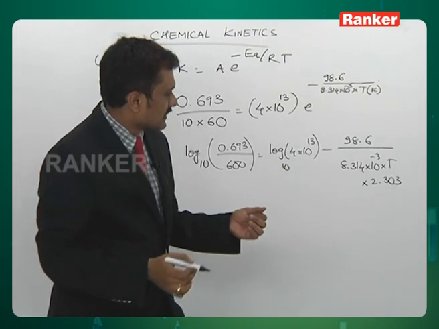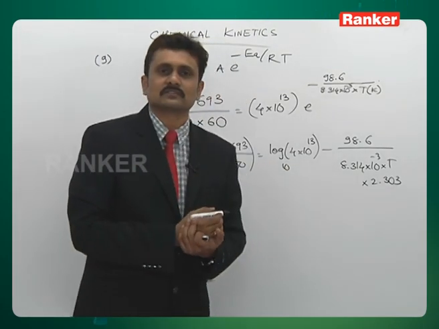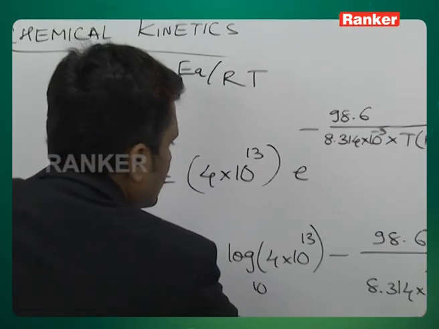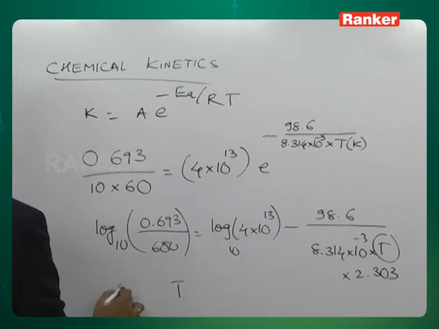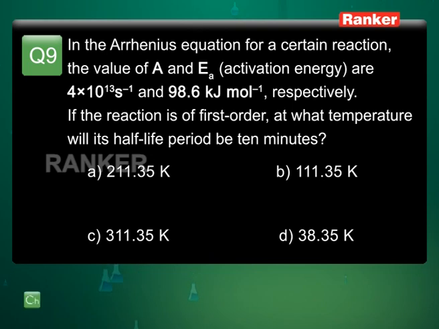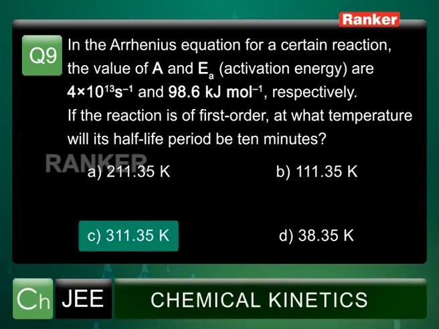Hence, I am dividing the entire equation by 2.303, which I am getting like this. Now, when I simplify this equation, I will be finding the temperature at which the half-life for this first order reaction was found to be 5 minutes as 311.35 Kelvin. That is option C.